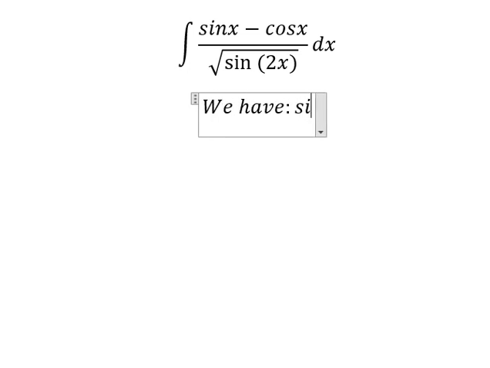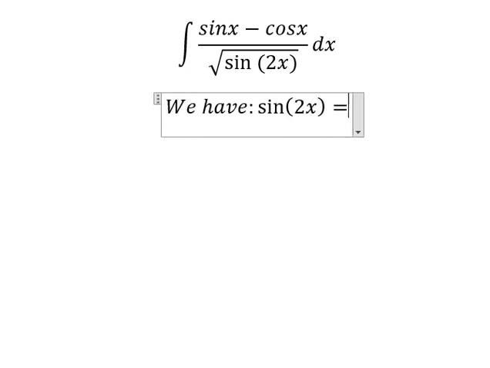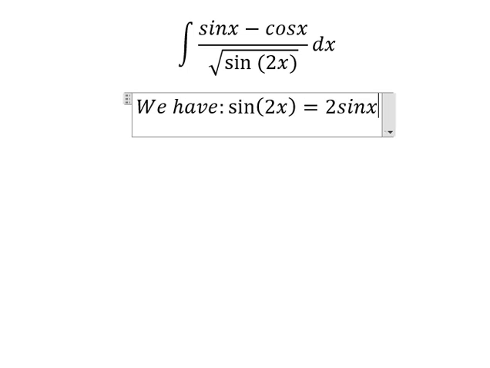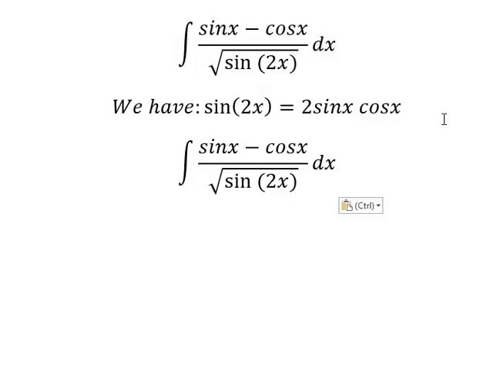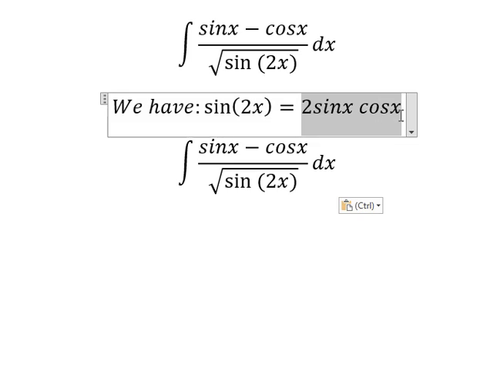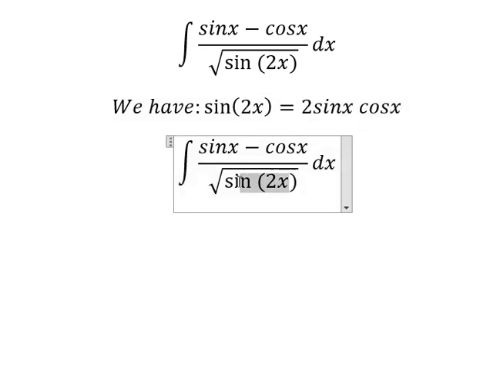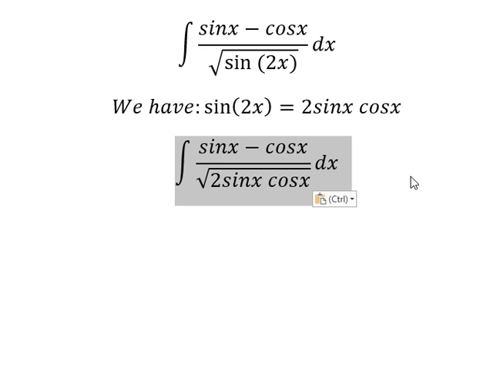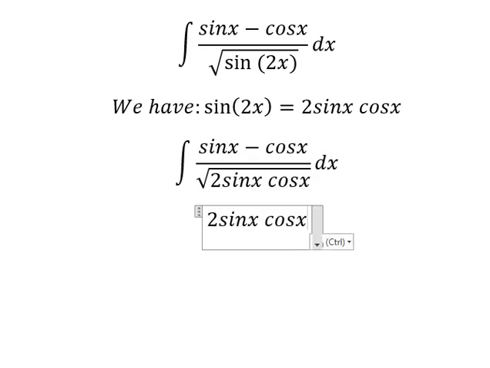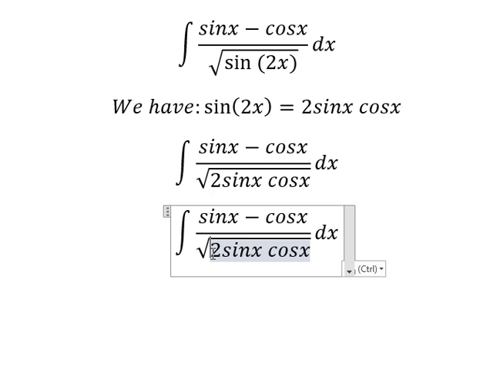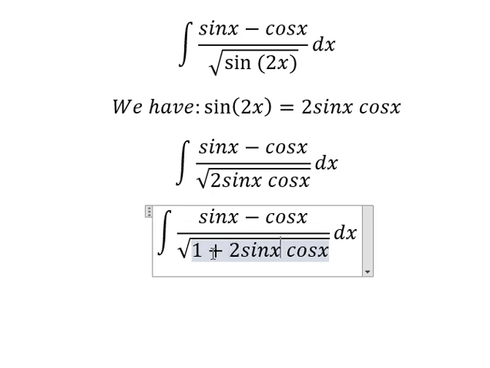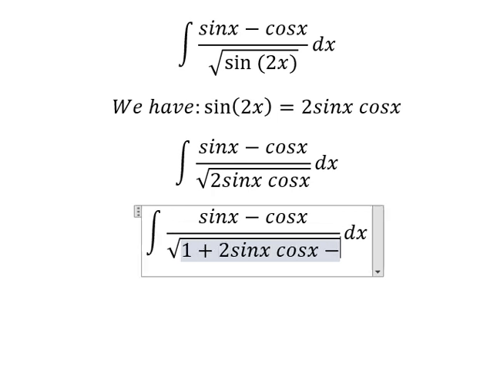sin 2x is equal to 2 sin x cos x. So I will put this one here. Next, I need to add 1, and then later we need to subtract 1.